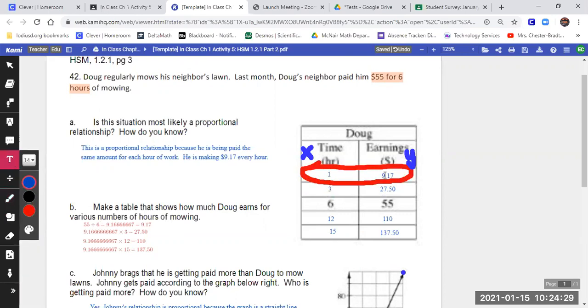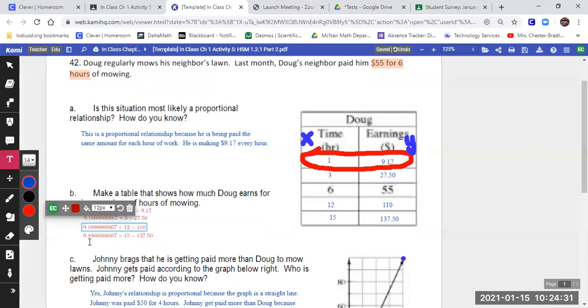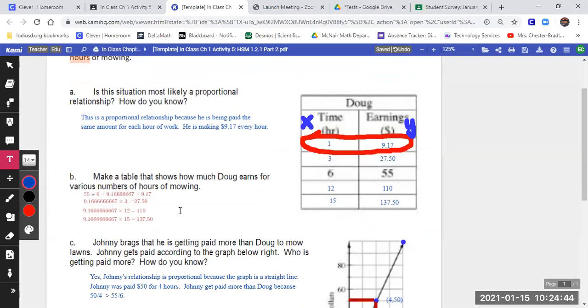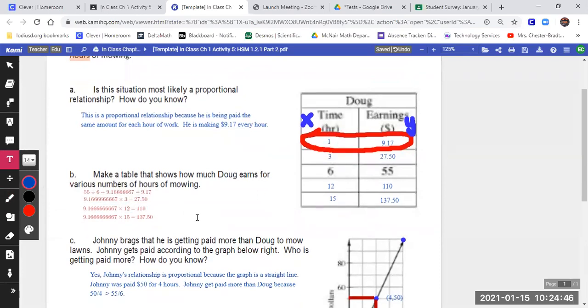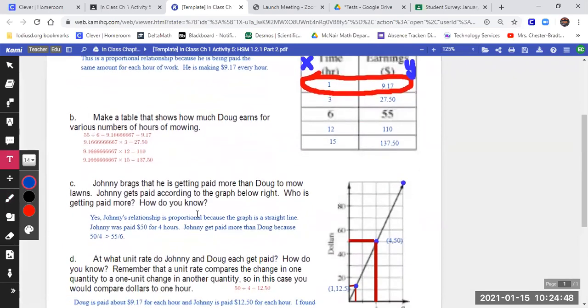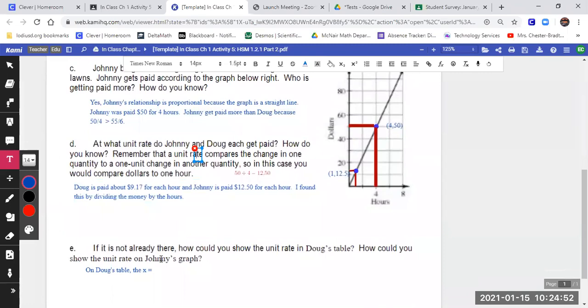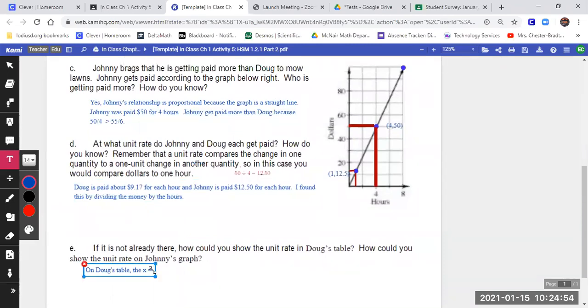For our unit rate, the one we circled, what did the X equal? We circled one.